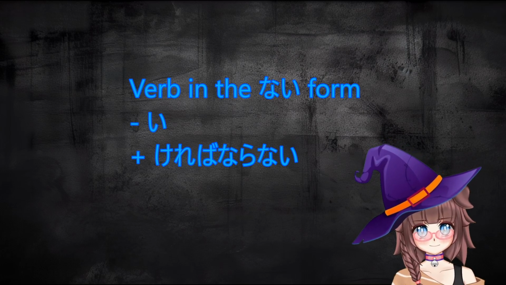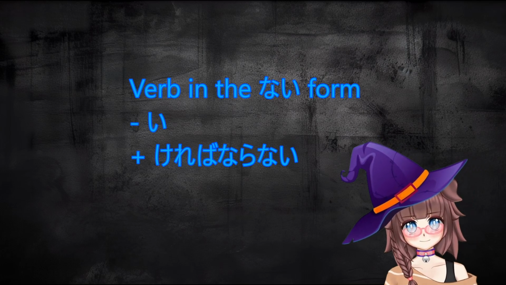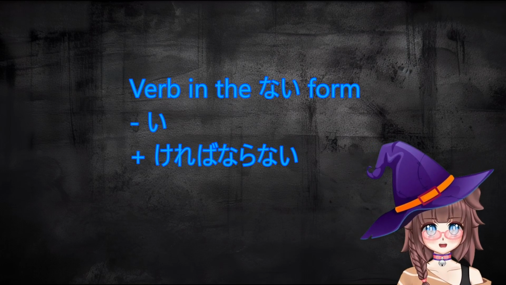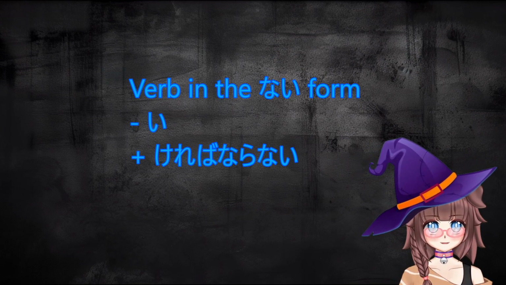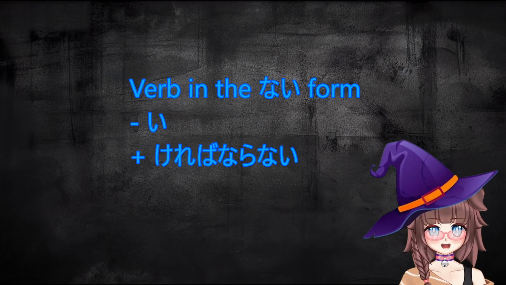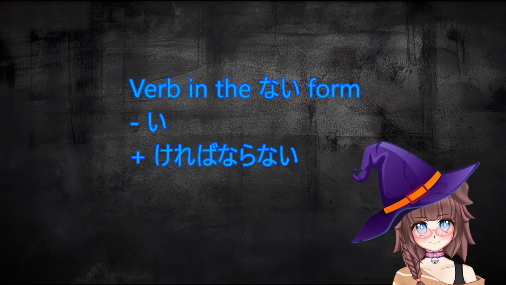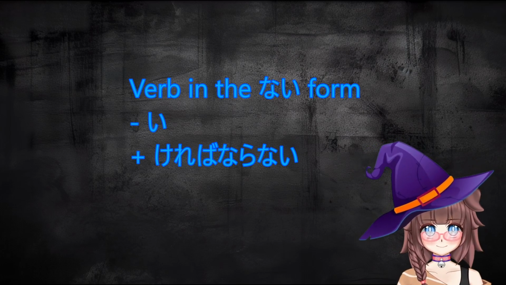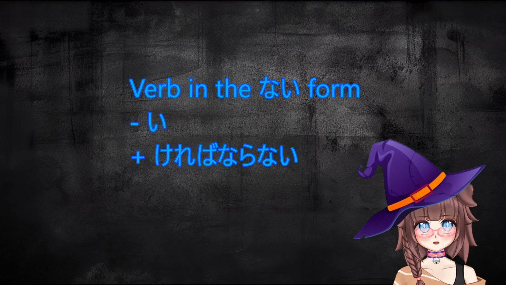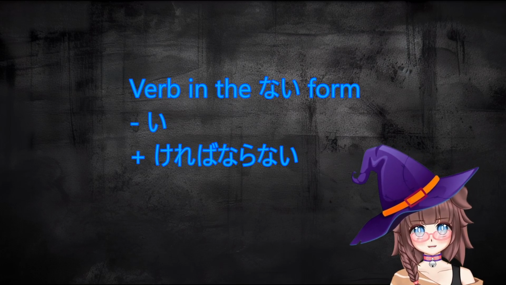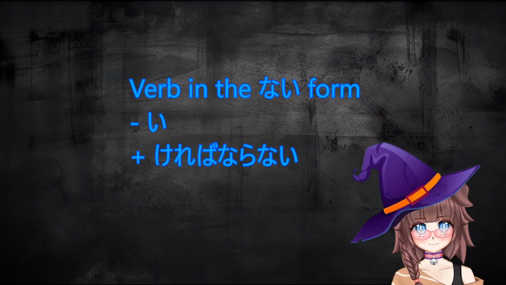Well, it's complicated, but basically the entire construction here is nakereba naranai. It's all one thing, right? So we need to have nakereba naranai, but that na is actually a negative. We could even write that in kanji if we wanted to, because that really is the na in nai.